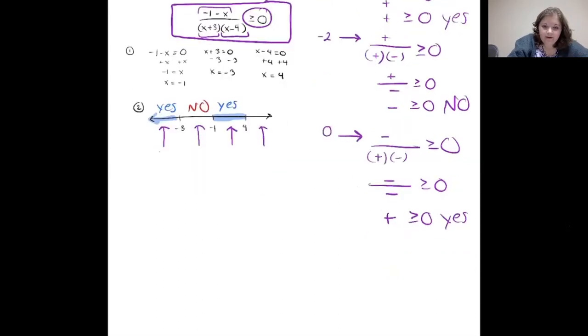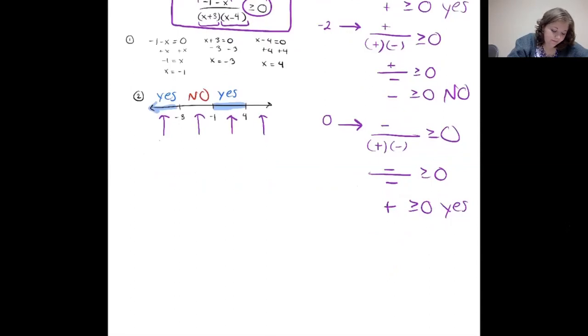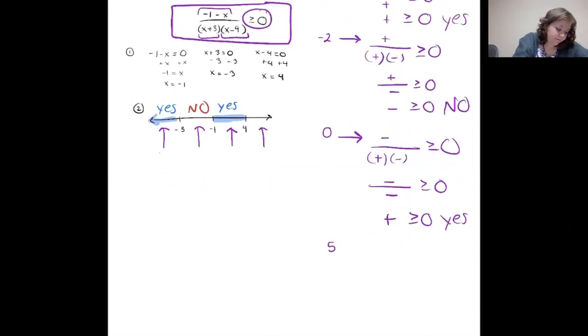Okay, so we'll pick a number that's greater than 4. So I'm going to pick 5. And then we're going to plug it into this form that we put it in, fraction on one side, 0 on the other. So the top, -1 minus 5 is negative. 5 plus 3 is positive.